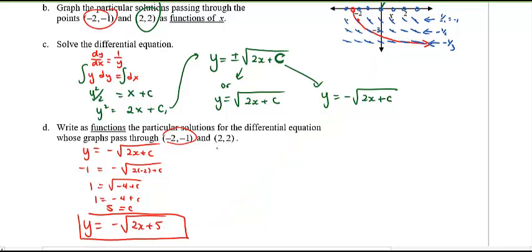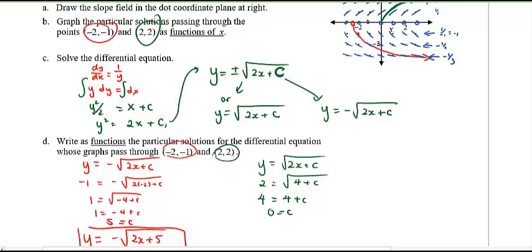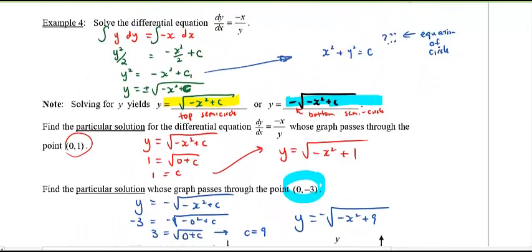Same thing now for the other point. So just more algebra, and I hope you did this correctly. Okay, lots of 2's here. Going to square both sides, give you 4. And so look at this. I get c equals 0. And that works out well too for my equation, because look at the one in green.